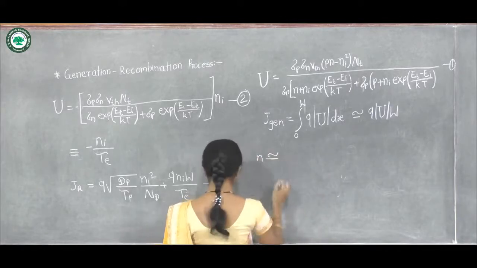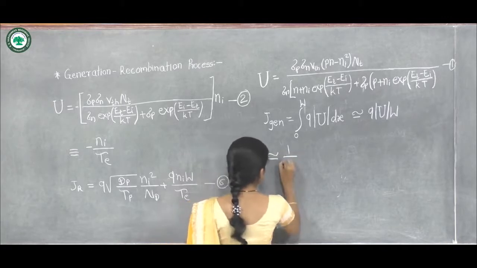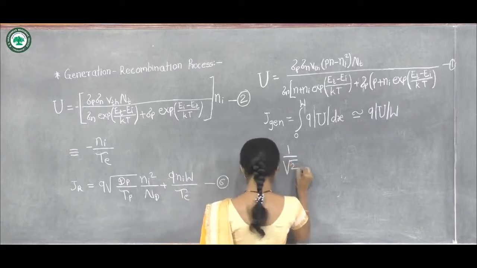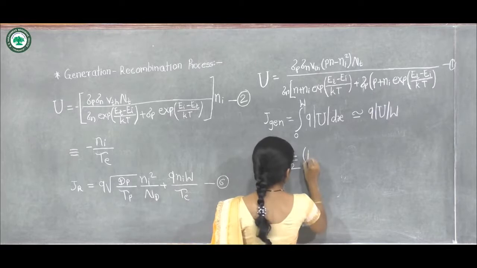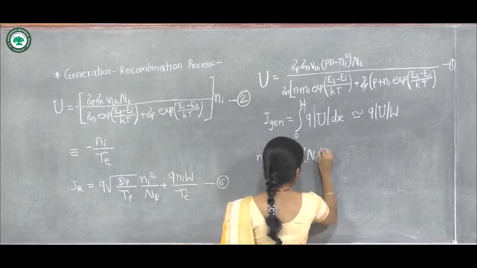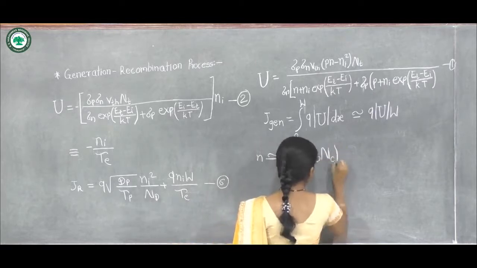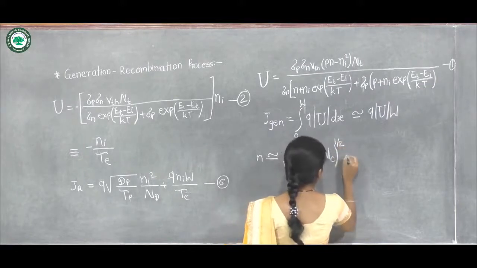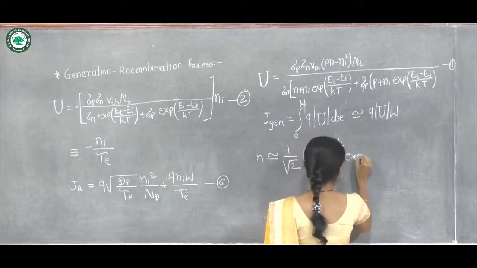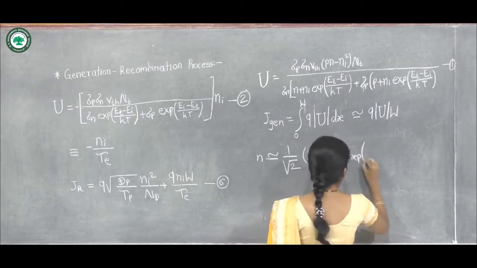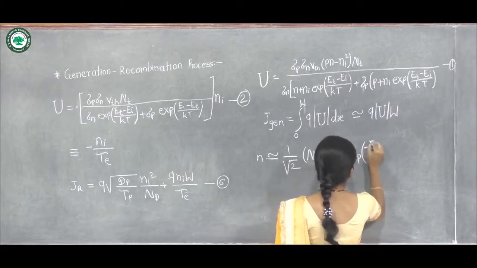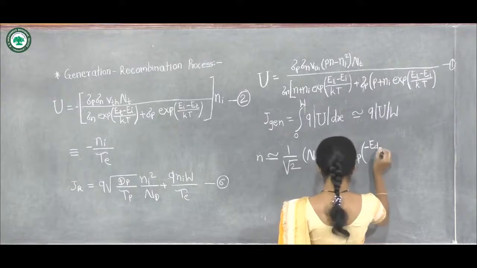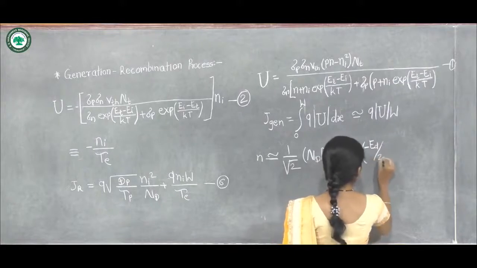n is nearly equal to 1 upon root 2 (Nd into Nc) raised to half, exponential of minus Ed upon twice kT.